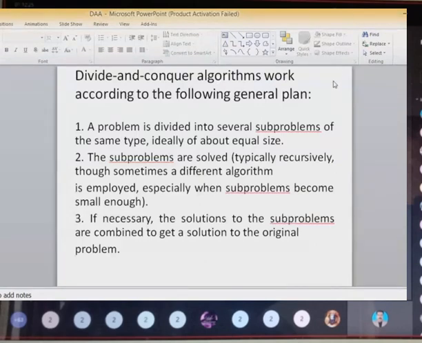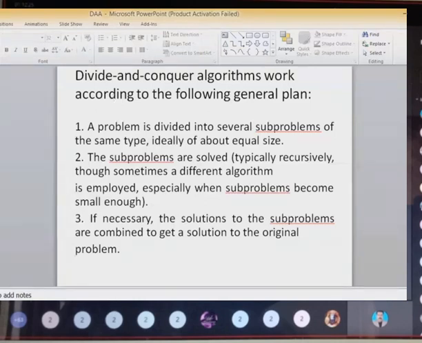The steps of divide and conquer: the problem is divided into several subproblems of the same type, the subproblems are solved individually, and finally the solutions are combined to get the original problem.